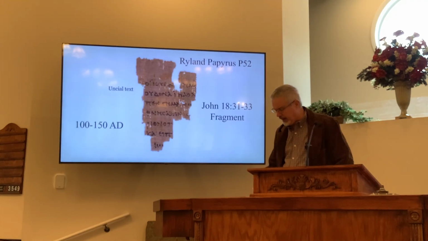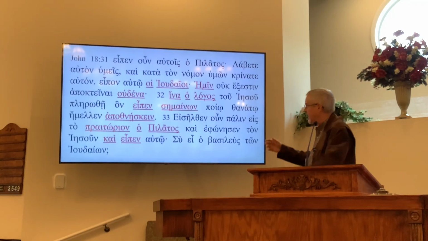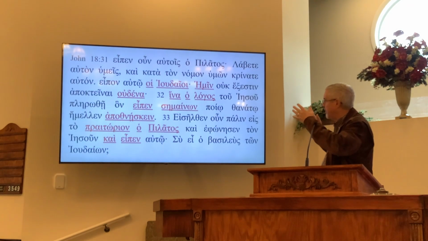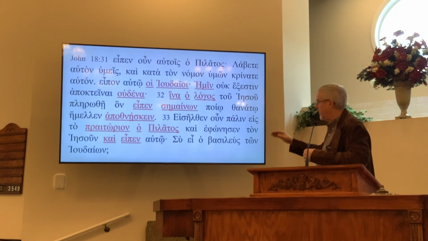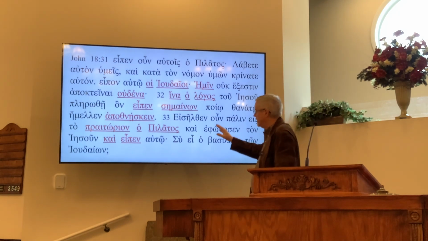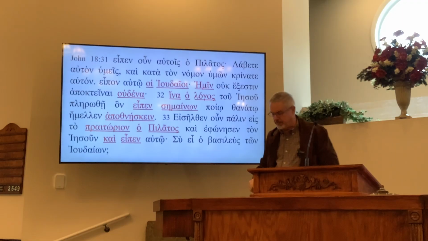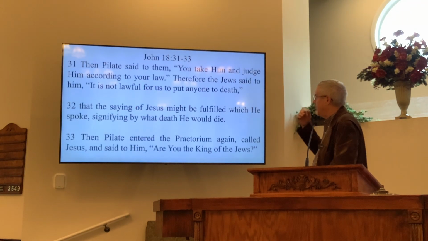Now, I just want to show you for a second. This is John 18:31 to 33. What I have in red is what can be seen, or at least partial of these words can be seen on that fragment.